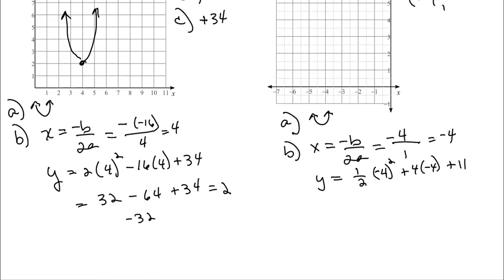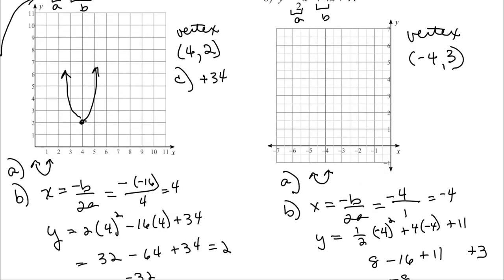Okay, negative 4 times negative 4 is positive 16. Positive 16 times 1/2 is 8. 4 times a negative 4 is a minus 16, plus 11. 8 minus 16 is a negative 8. Negative 8 plus 11 is a positive 3. The y value of the vertex is positive 3.